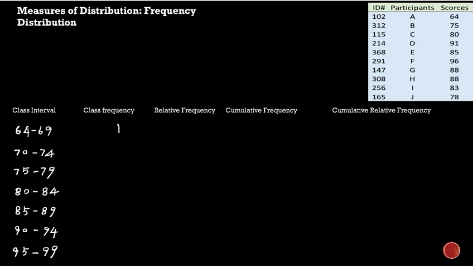How many data points fall in there? Check the data set. No, 0. 75 to 79. We have 75 and 78. Okay, we have 2.